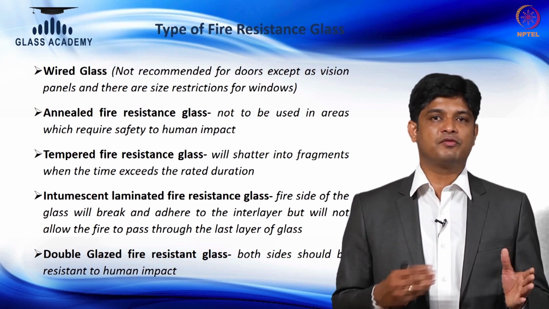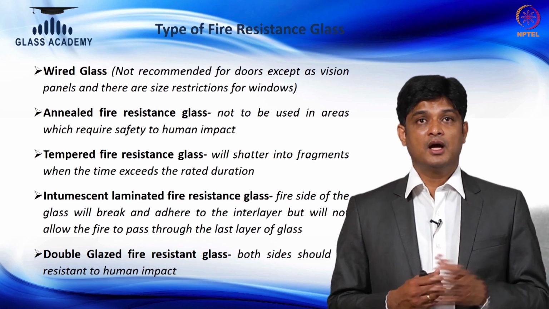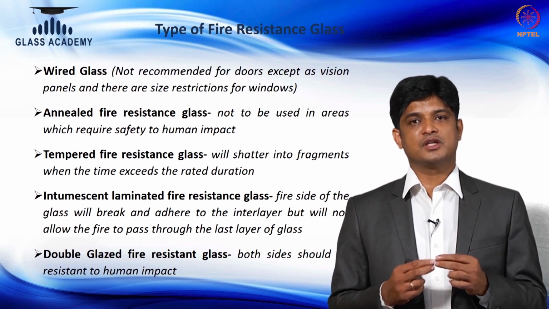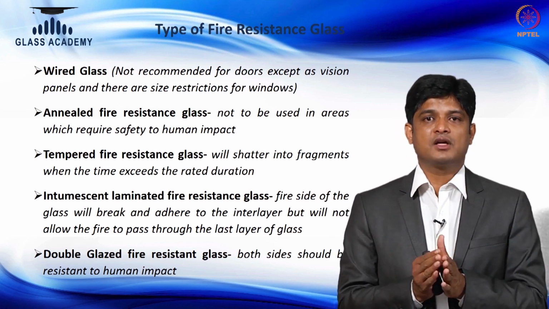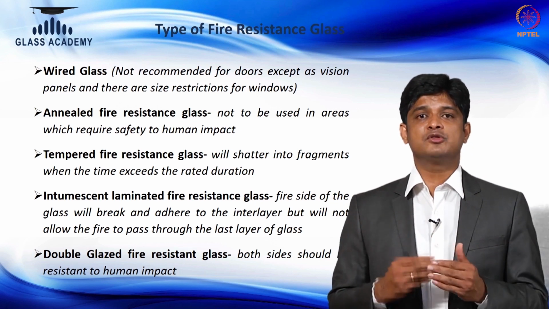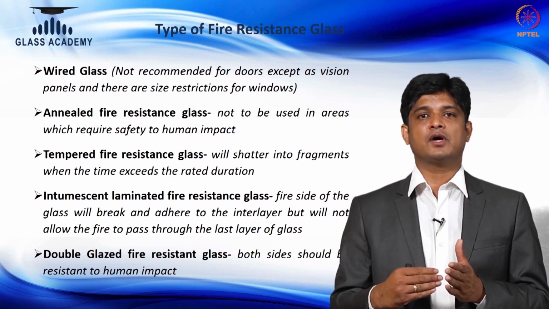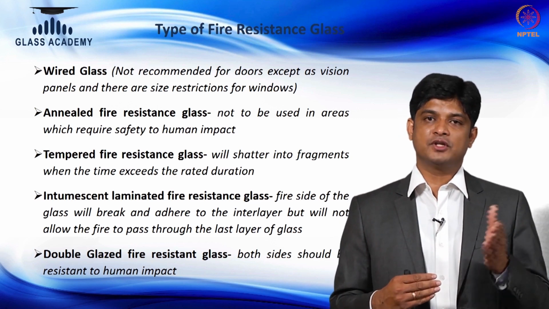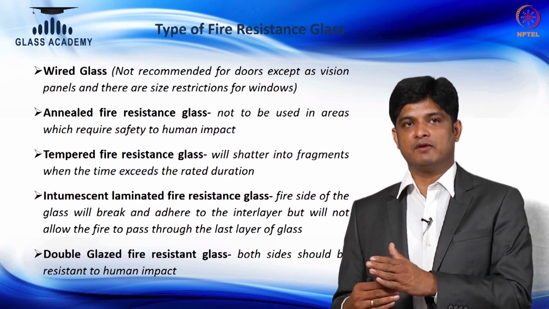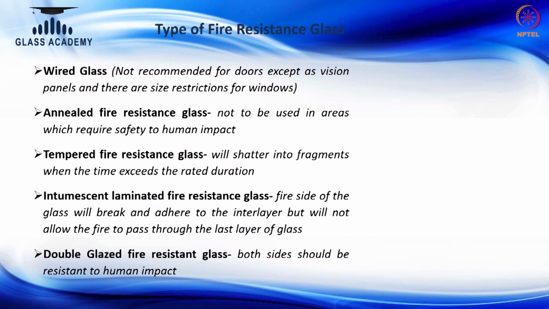It can address both fire and human impact. And there are products in the market which use an intumescent layer between the glasses as a gel, which helps resist the fire for the stipulated time of 30, 60, 90 or 120 minutes. And now there are even double glazed fire resistance glasses available.